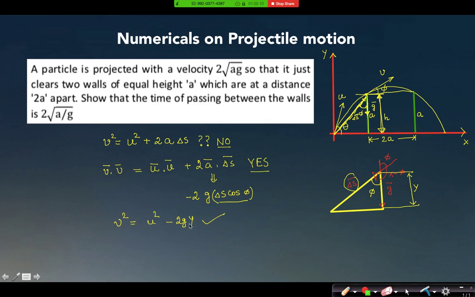Even if you do not give a vector sign in that, because I got this equation after calculating the vector. Also, there is another way of understanding the same concept. Try to understand this concept in this way.